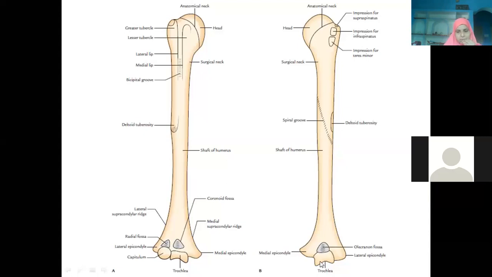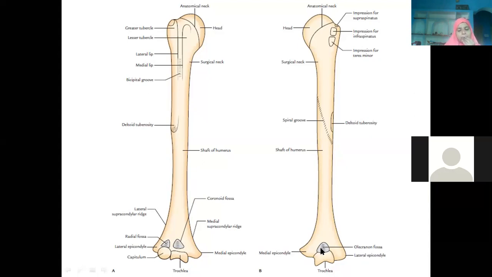Now when you see the posterior aspect, again you are finding two bony elevations, the medial epicondyle and lateral epicondyle. Same thing we saw from the anterior aspect. Again the trochlea continues its visibility even behind. Here you will find one big fossa, the olecranon fossa. When we study the ulna, there is one more projection called the olecranon process.